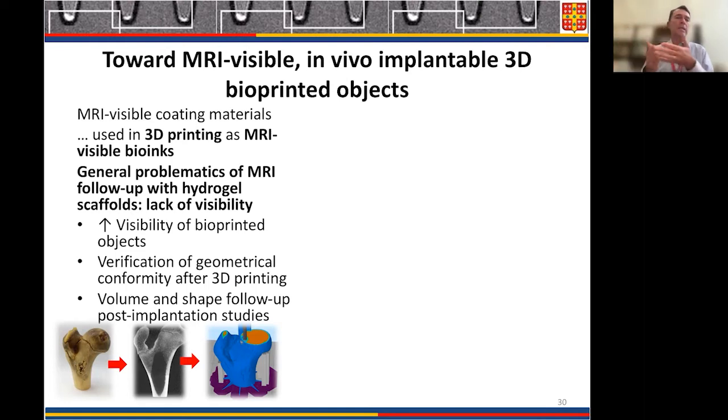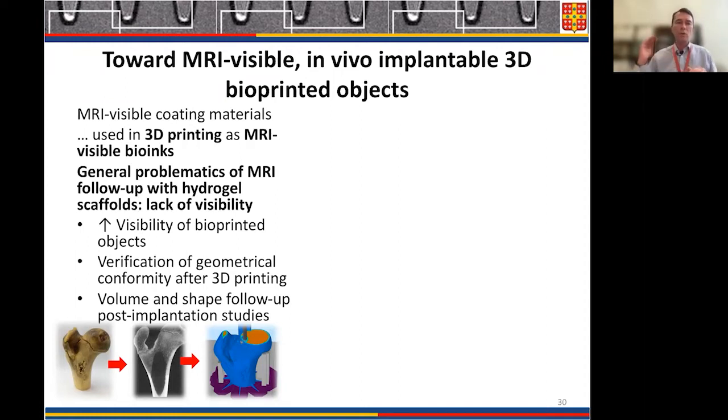Gadolinium, unfortunately, and manganese are not that biocompatible. So it is absolutely not possible to implant objects that contain gadolinium. There's a little bit more possibility with manganese, but gadolinium is a big no-no for the FDA.